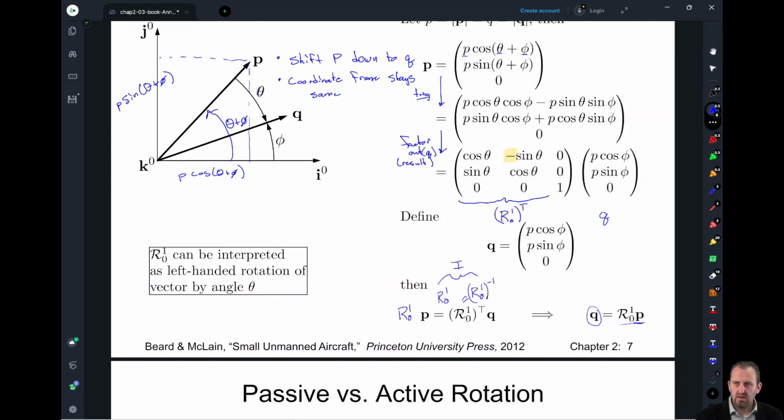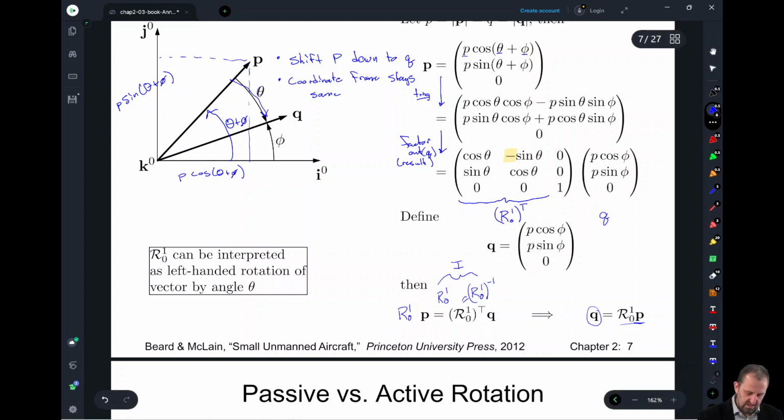So if we wanted to rotate P to Q, all we've done is multiply by that rotation matrix. This is really interesting because this rotation matrix is the same one we used to go from frame 0 to frame 1, but now we're going in the opposite direction.